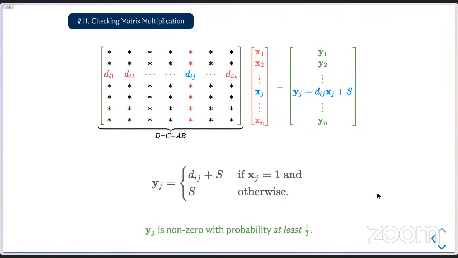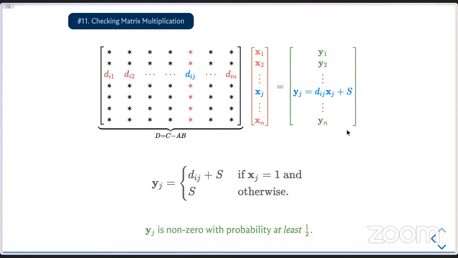But the point is that with probability at least half, the yj entry survives. In fact, in practice, if D has more non-zero entries, you can probably analyze this to say that even more of the Ys are likely to survive. But the point is that the yj entry here is non-zero with probability at least half.